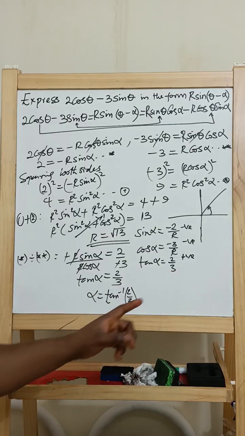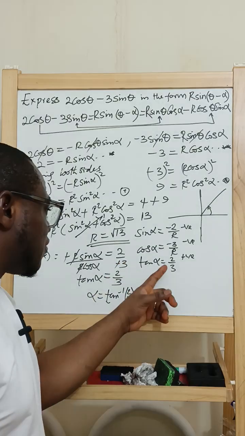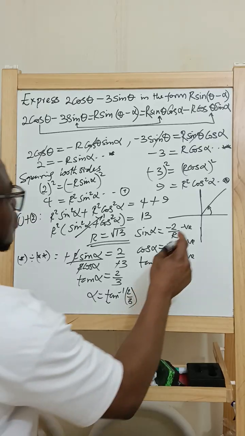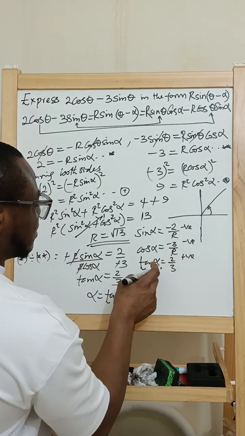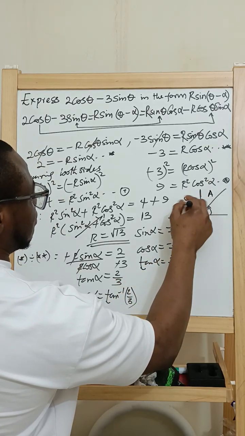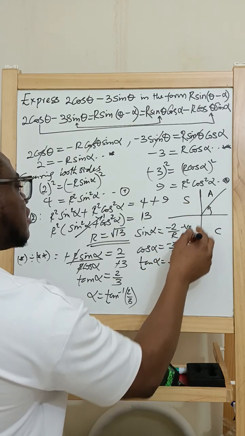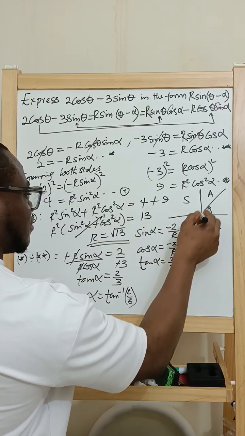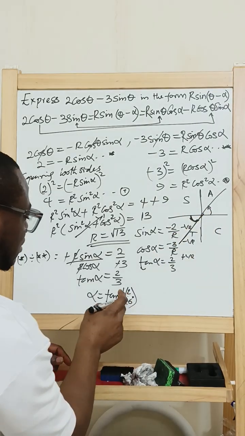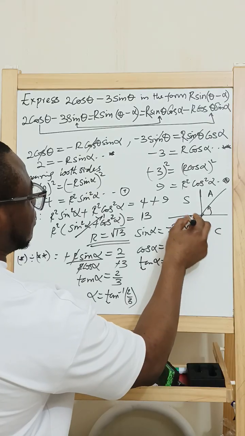So the only quadrant in which tan alpha is positive while sin and cos are negative is the third quadrant. We have A, S, T, C: all students take chemistry. So this angle that we obtain here is going to be in these quadrants.